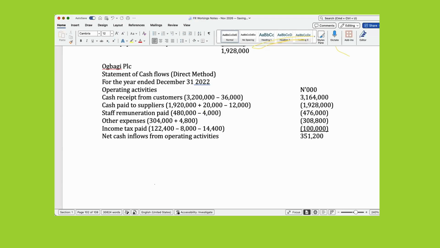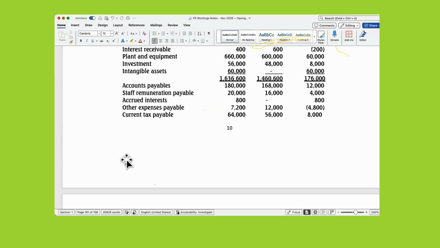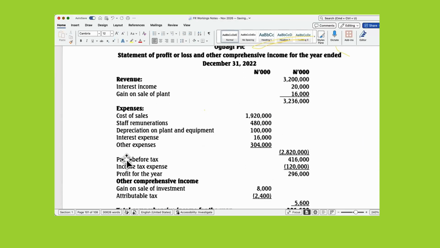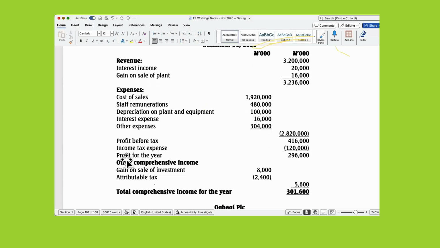So I move to my investing activities. For my investing activities, you see, from operating activities, I've actually touched all the items in P&L except the ones that are non-cash and the ones that I left to be dealt with in investing and financing, as the case may be.